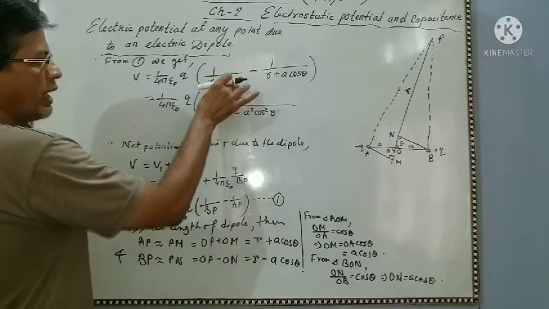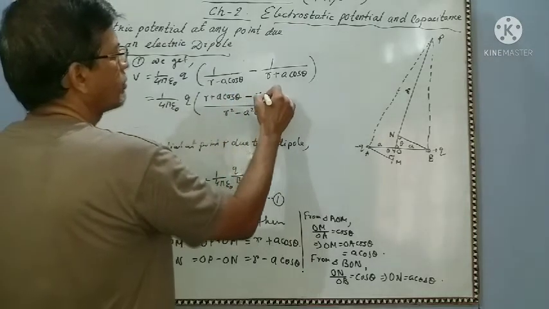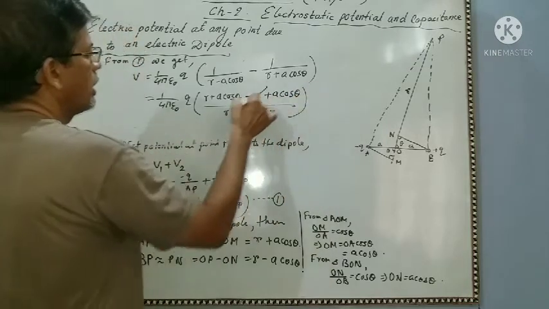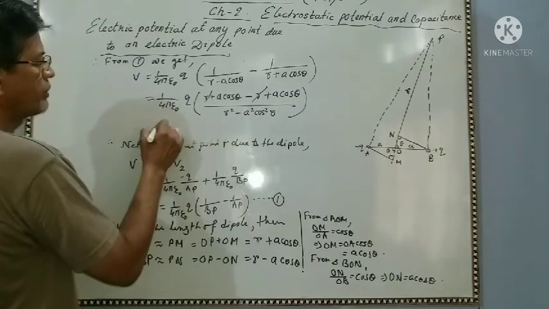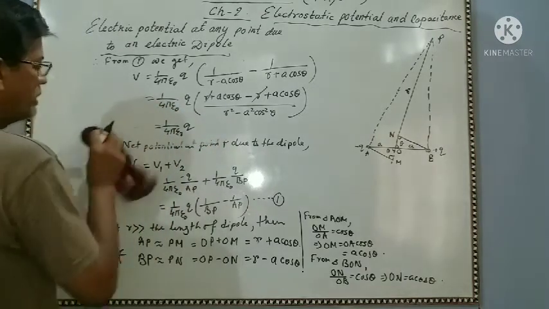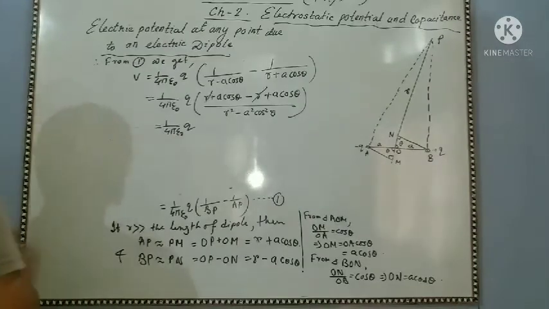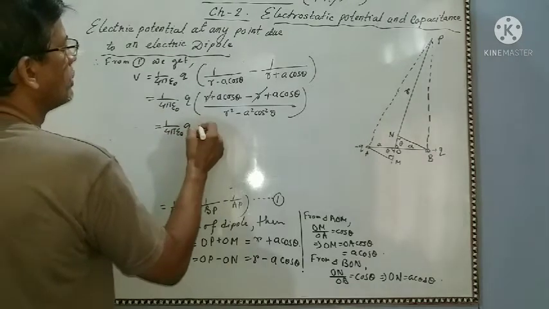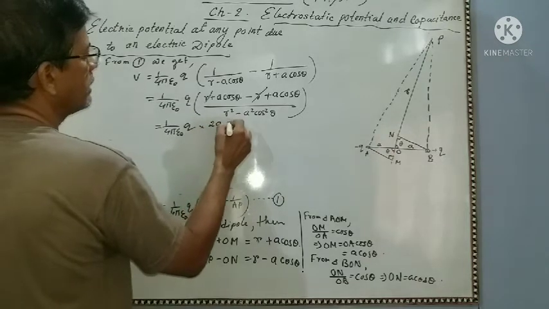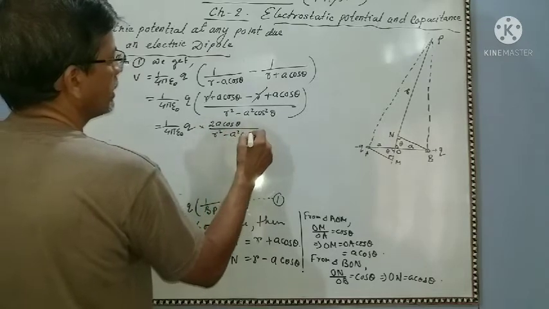So here r plus a cos theta minus r plus a cos theta, so r cancels, and it becomes 1 by 4 pi epsilon naught q into 2a cos theta by r square minus a square cos square theta.